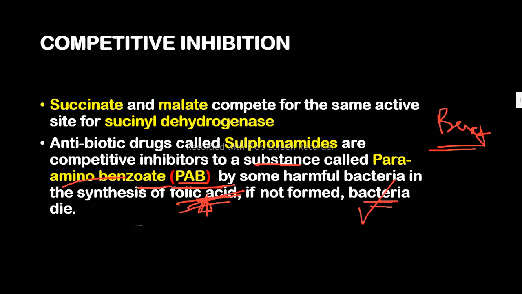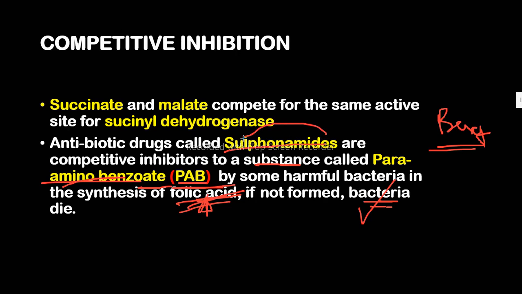Now, scientists have studied the structure of this PABA, para-aminobenzoate, and they have developed another compound, sulfonamide, that has the same shape as PABA. And so they have used this sulfonamide as an antibiotic to treat bacterial diseases.